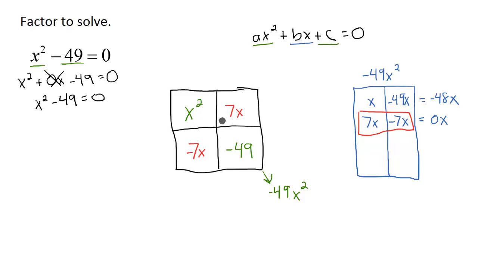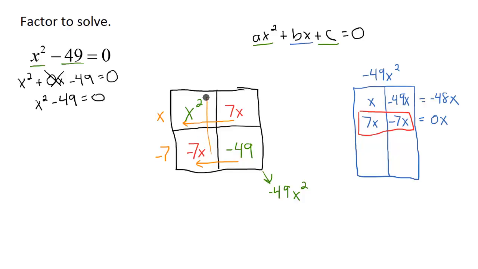Now I want to factor out the greatest common factor from both these two terms, so that's going to be an x. And I factor out the GCF between these two terms, which is going to be a 7. And I always take the sign of the term closest to the number that I put out here. So that's going to be a negative.